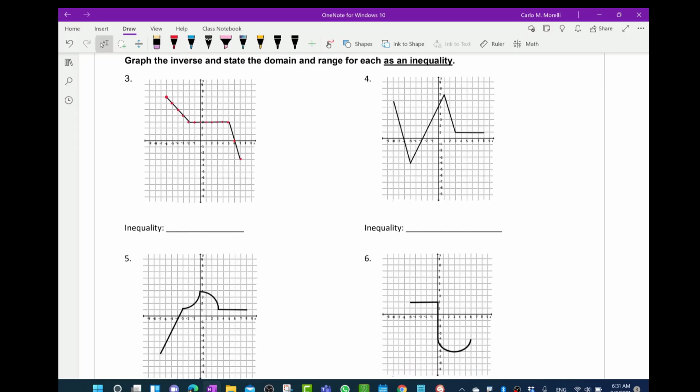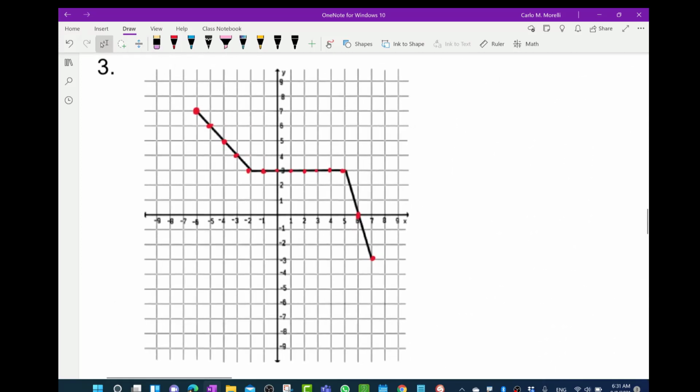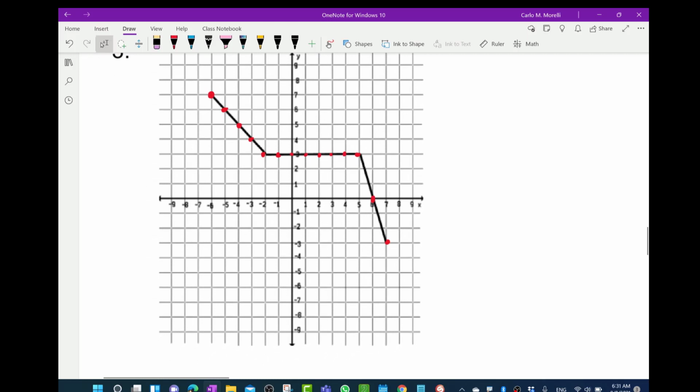What's the inverse? It's even hard to read. So this here is negative 6, 7. And then we'll just graph another couple of points. We'll do negative 2, 3, and then we'll do 5, 3, 6, or 0, 6.